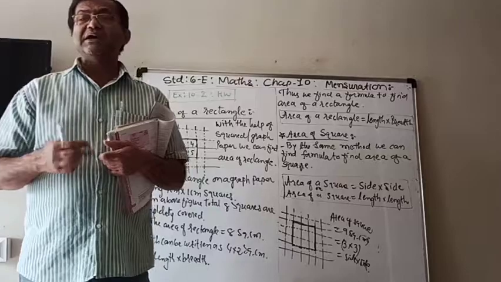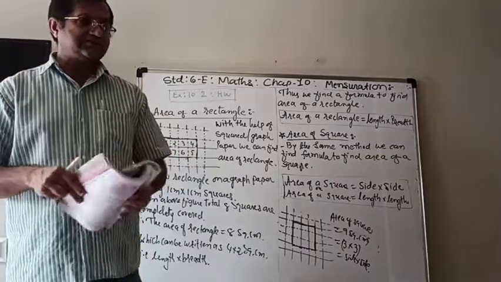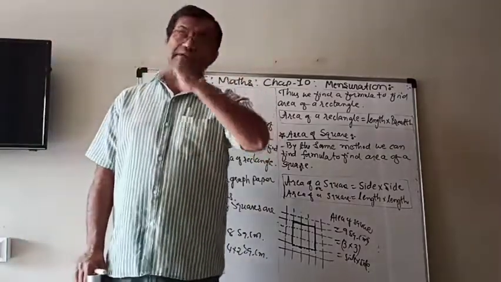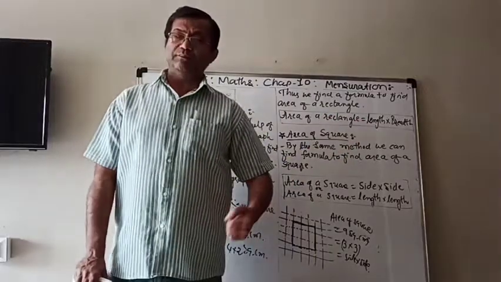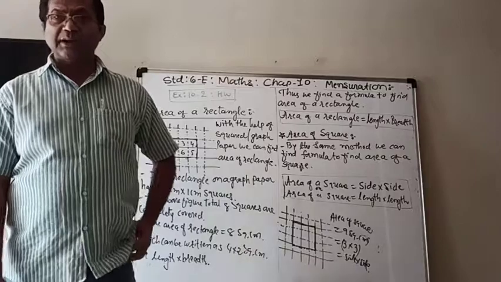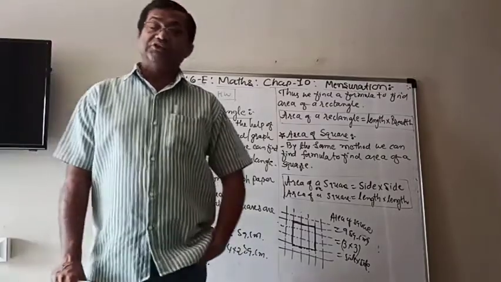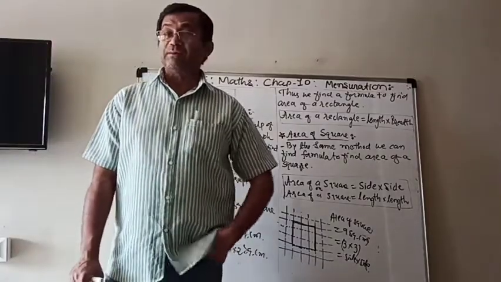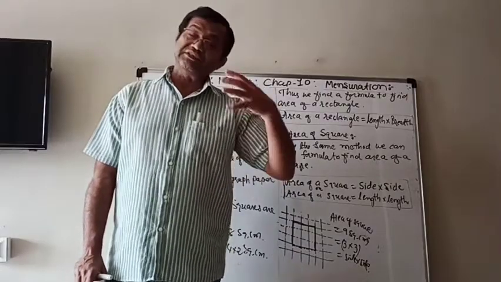So when there are big things like clothes or cupboards, or your floor, you have to find the area of the floor. Is it possible with the graph paper? No. So in this situation we need some method to find that area without graph paper.